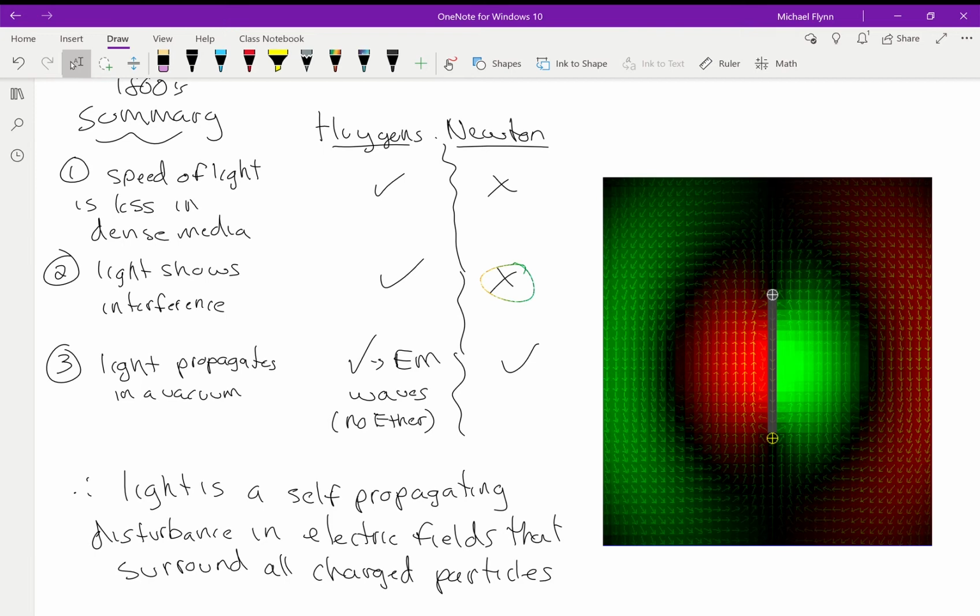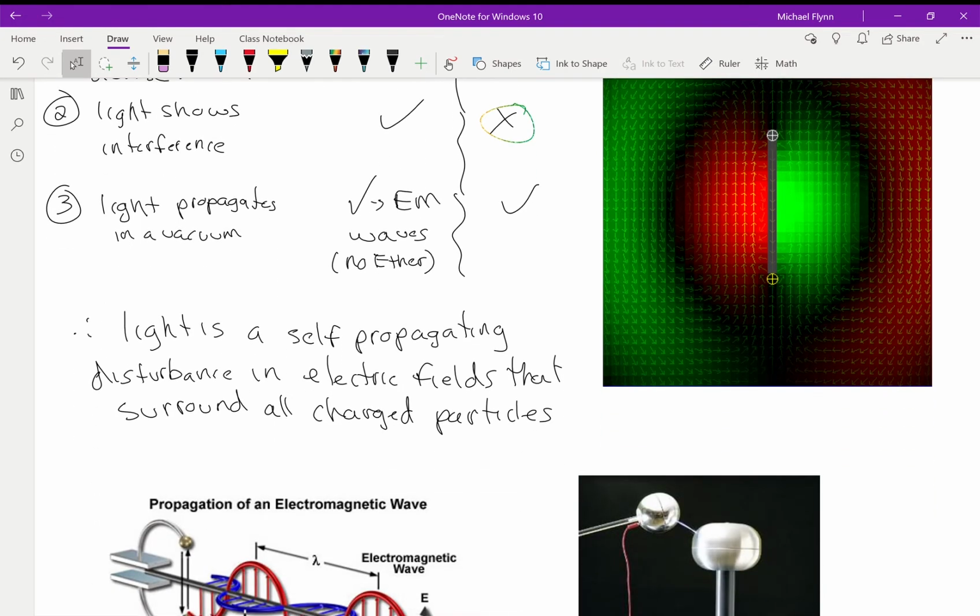It's really quite amazing. Okay, and I'm just going to say that the EM wave theory was considered the greatest theory ever at the time.